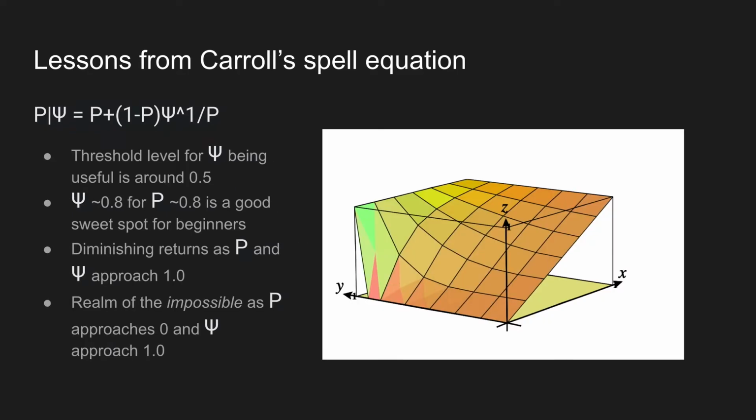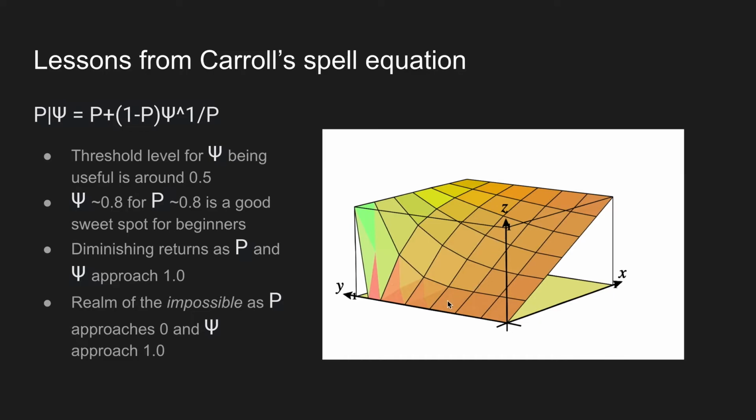Okay, so this is my version of the tripod. I wanted to get in there and make a visualization of it myself, and I like it better than Carroll's. It has some color and it's got the axes on there. Think of this as a landscape, and again, the threshold for psi is going to be around 0.5.